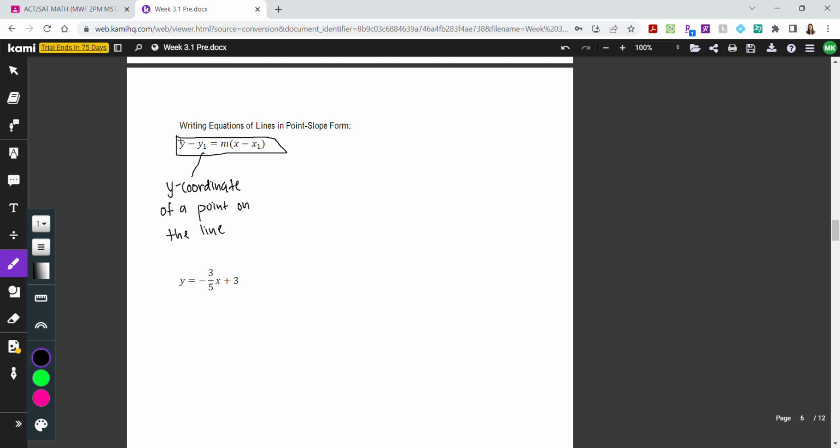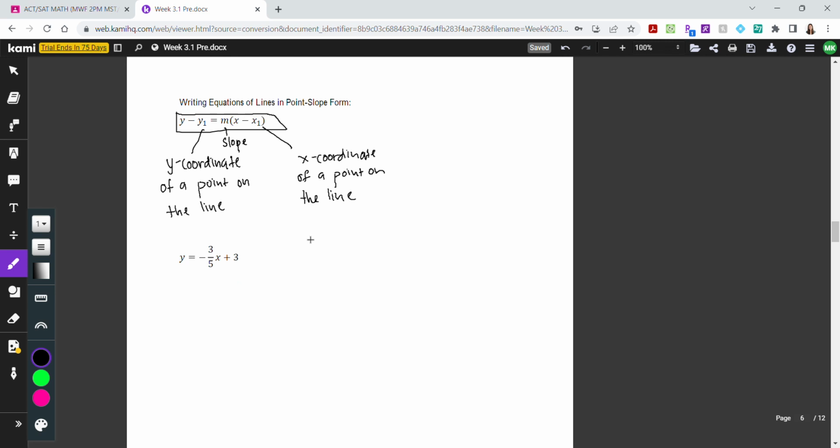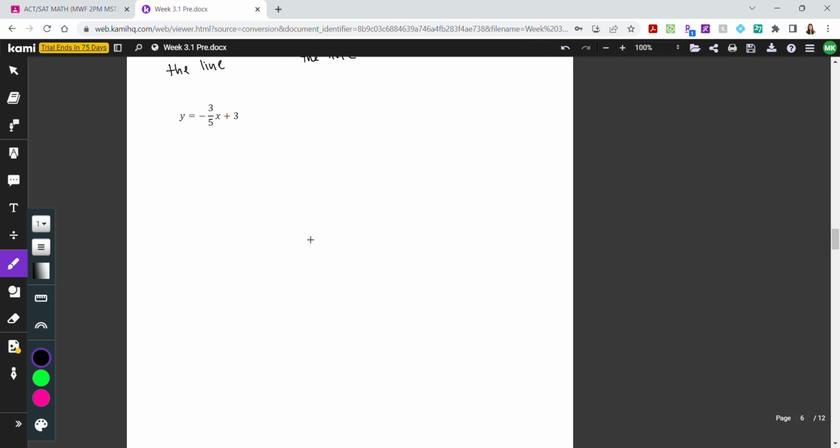Again, m we know is the slope, and x1 is the x coordinate of a point on the line. All right, so when we want to write it in point slope form, we will write it in this format. Now, as you can see, this equation is in slope-intercept form, and now we're going to transform it into point slope form.